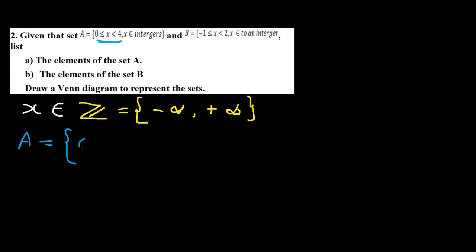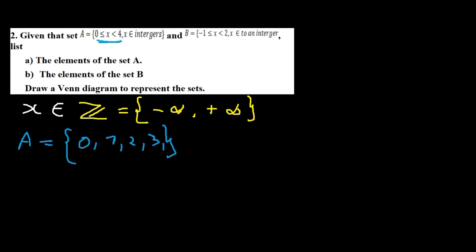It means that we're starting from 0, and we go to numbers greater than 0. We have 1, we have 2, we have 3, and we have 4. But we have been guided that x should be less than 4, so in this case it is strict inequality. So 4 is not included in our set A. So we are going to end it there.